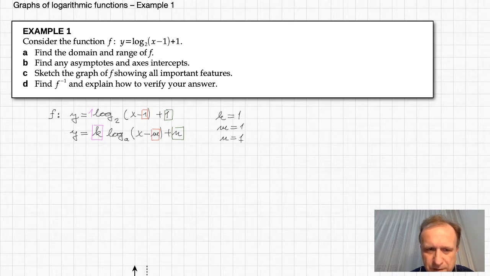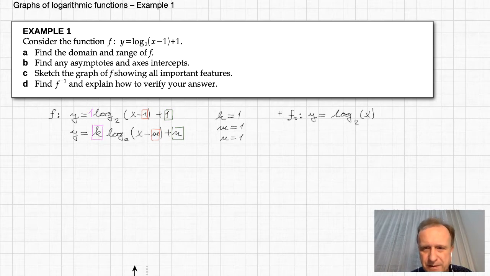So this function here has to do with the original function f sub 0: y equals logarithm in base 2 of x, which is multiplied by 1, so I don't have to write this number 1 in front.